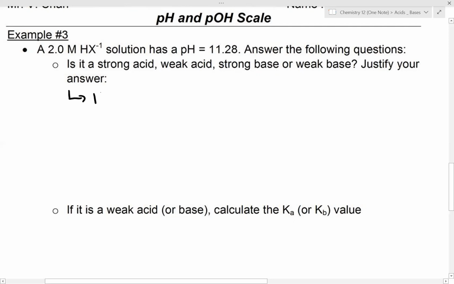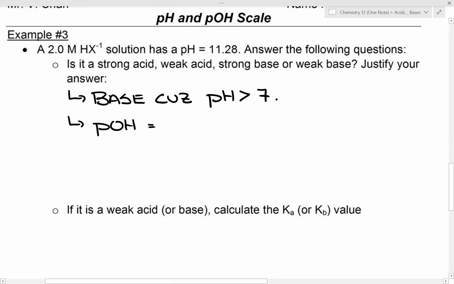It is a base because pH is greater than 7. Okay? Now, because it's a base, the pOH would be equal to 14 minus 11.28, which would be 2.72.